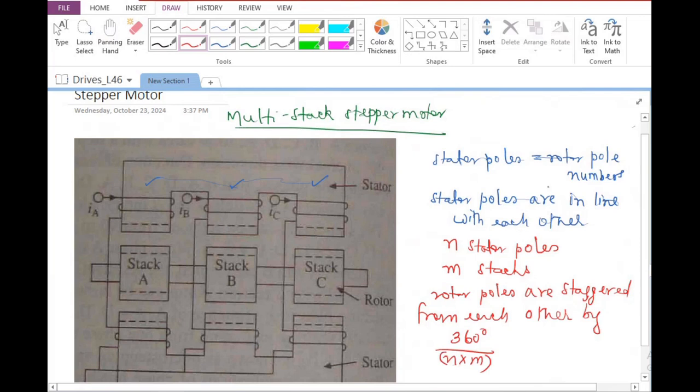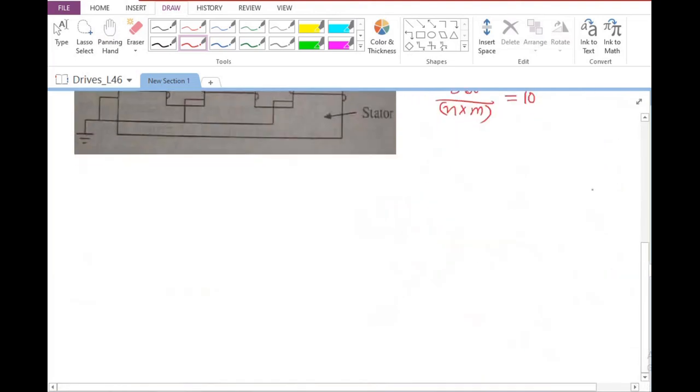So if there are, for example, 12 poles in the stator and 3 stacks, this is going to be 360 degrees divided by 12 multiplied by 3, that is 36. So that is going to be 10 degrees. They are going to be staggered from each other by 10 degrees.